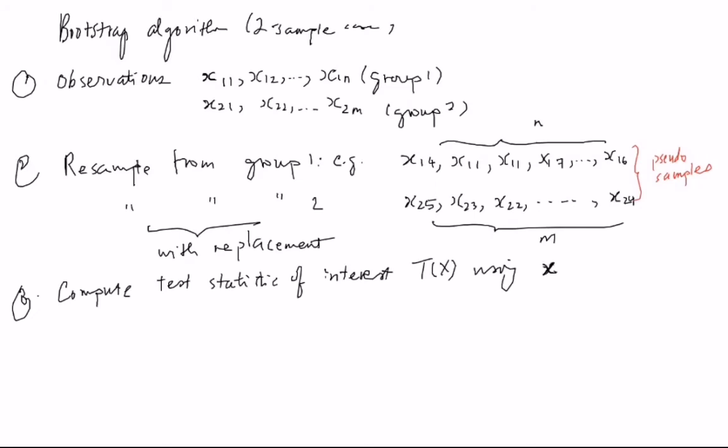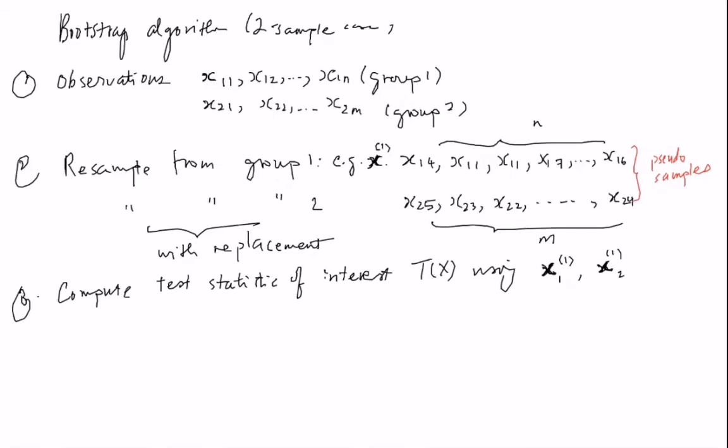Pseudo X11, pseudo X21, right? So this is a vector, right? This one I just denote by I, okay? Right, you can compute the test statistic of interest using this.